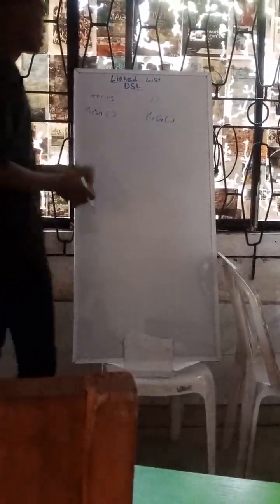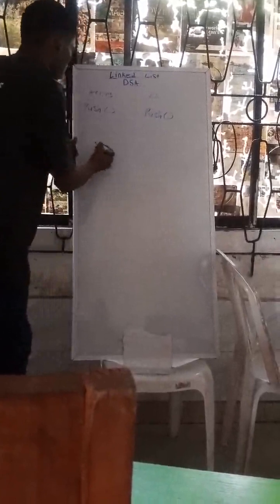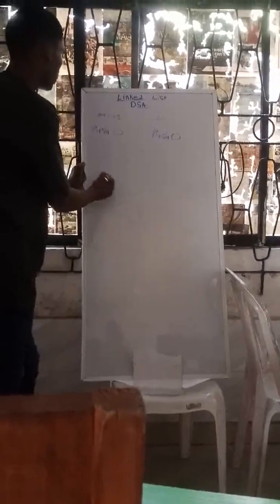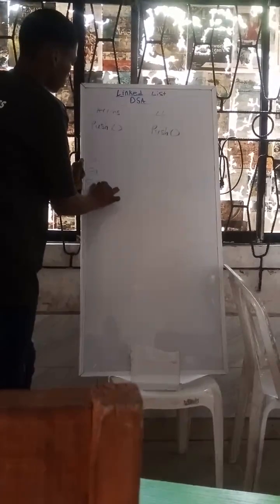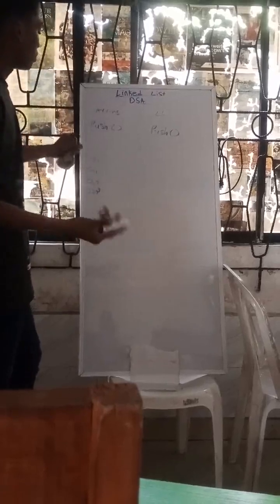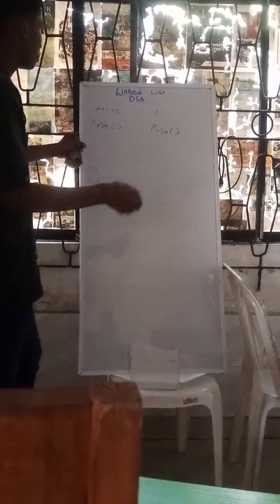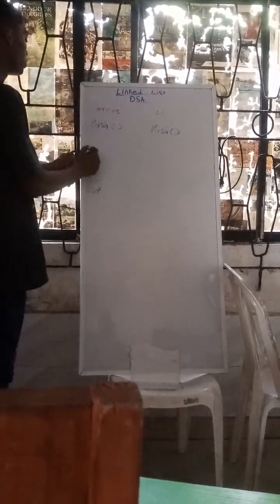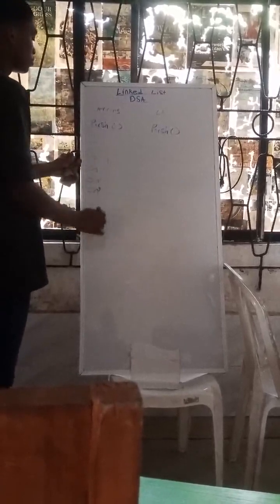So in terms of time complexity, we have different kinds. Under the Big O notation, we have O of 1, O of n, O of n squared, O of n cubed. We have many more Big O notations, but we're just going to be focused on these for today.